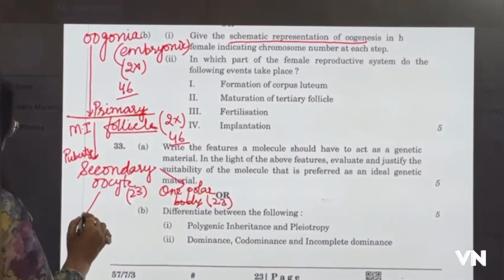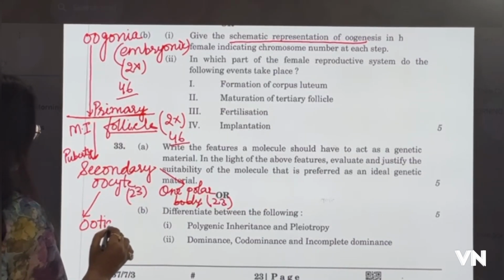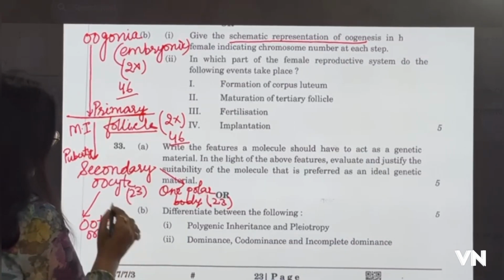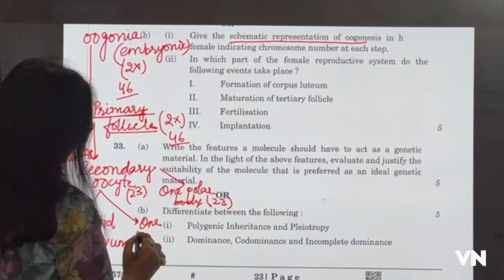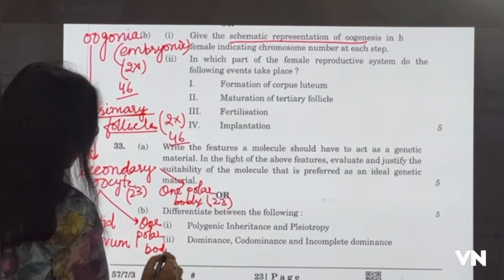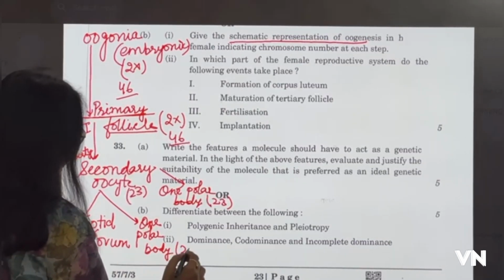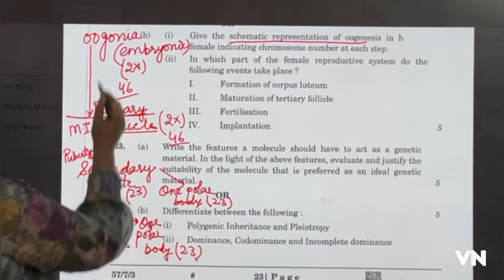Then at the time of fertilization, secondary oocyte gets converted into the ovum, and one polar body. Chromosome number 23 is 23. So this way, schematic representation of oogenesis in human indicating chromosome number.